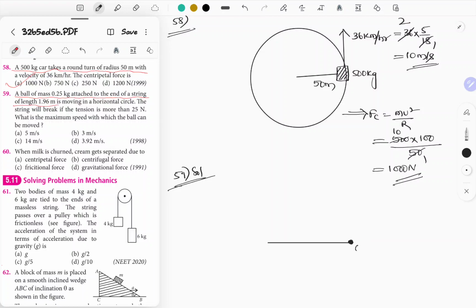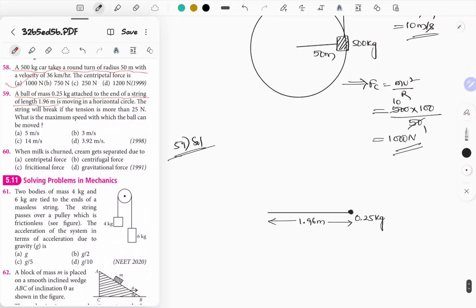They have given 0.25 kg. Length of the string is going to be 1.96 meters. Super. It is moving in a horizontal circle like this. The string will break. Okay, super.